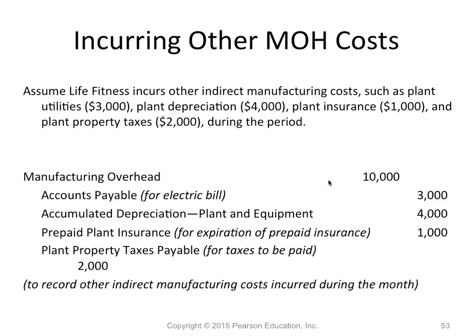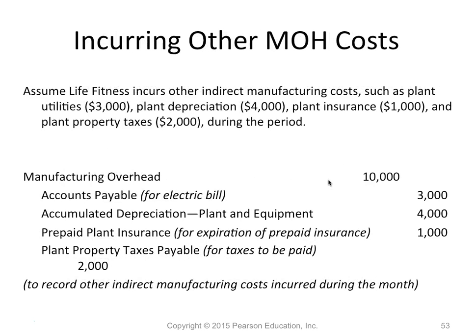So for other manufacturing overhead, let's assume the company incurs other indirect manufacturing costs, such as plant utilities, $3,000, plant depreciation, $4,000, plant insurance, $1,000, and plant property taxes of $2,000 during the period. So we'll put them together, it's $10,000.